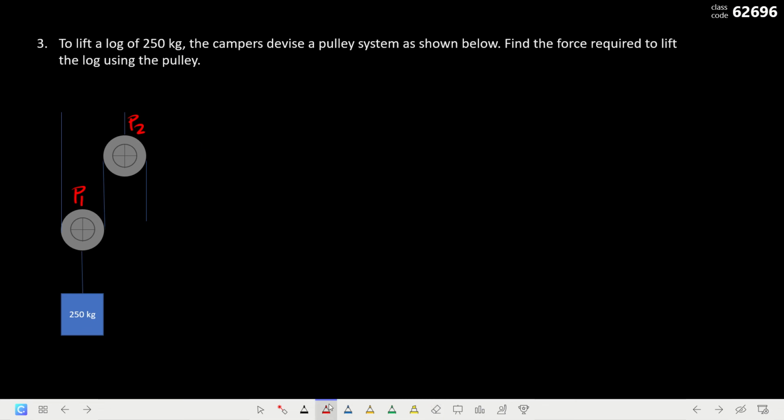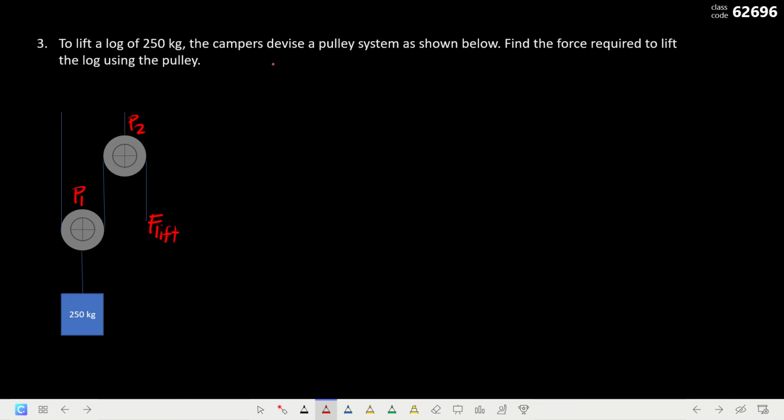What we want to look for is the force required, the force here that would lift our object. If we pull this string, what is the value of the force needed to lift this object? Let's call this pulling force the force of lift.